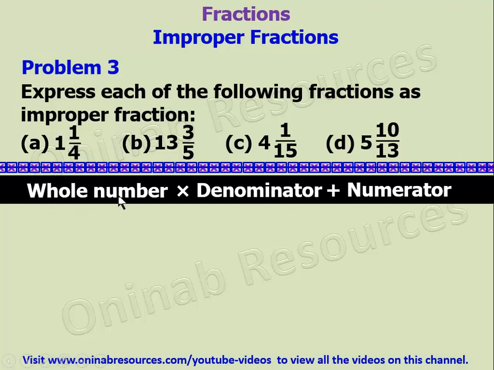So if we multiply the whole number part by the denominator, then add the numerator, the denominator will still remain the same in the new fraction you are forming. And in that new fraction, the numerator is greater than the denominator. That is why we call it an improper fraction.